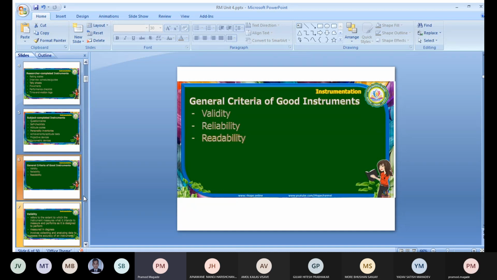Okay, so this is about the validity. Then reliability. Write down reliability.